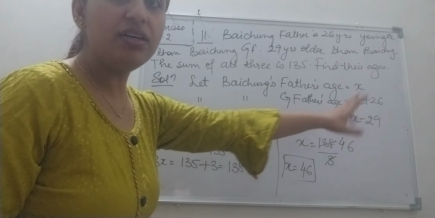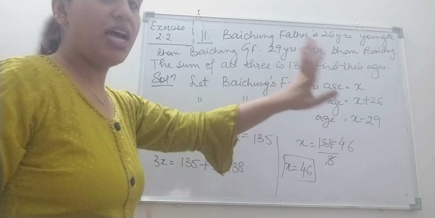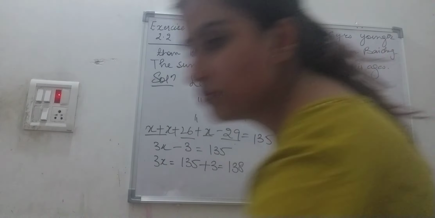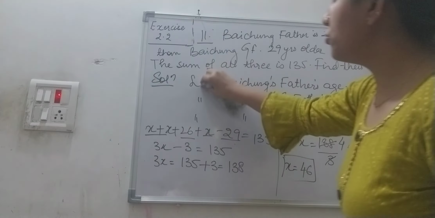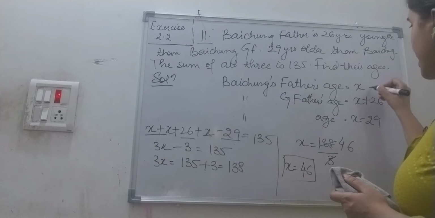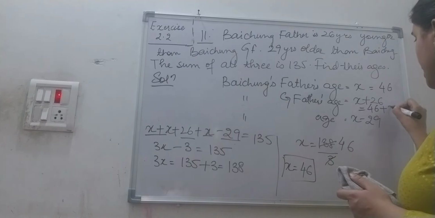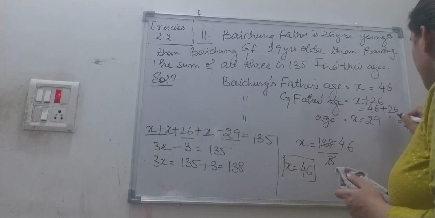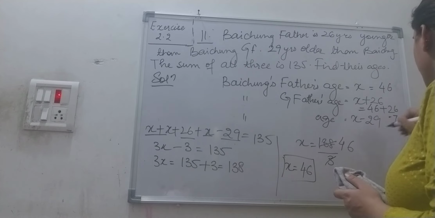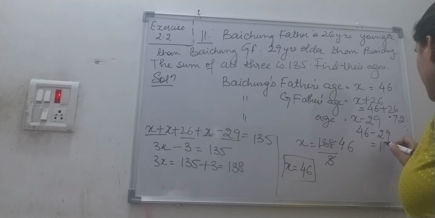I am solving it here. You have to form separate lines, the last 3 lines. I am giving the answer here only. Bachung's father's age x equals 46, grandfather's age equals 46 plus 26, that is 72, and 46 minus 29 gives me 17.